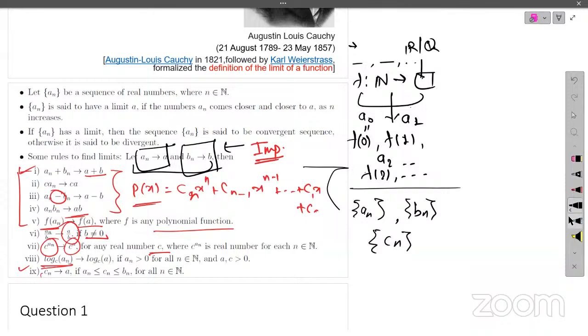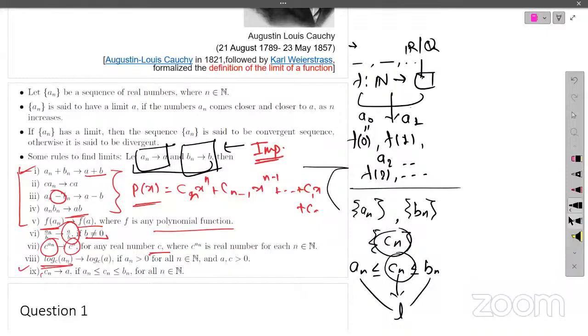And here, the term cN gets stuck between aN and bN, so aN is less than or equal to cN, which is less than or equal to bN. If these two sequences aN and bN converge to one fixed quantity, suppose L, then they force this particular sequence to converge to L itself.